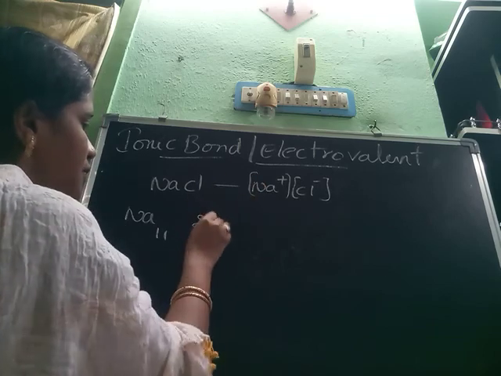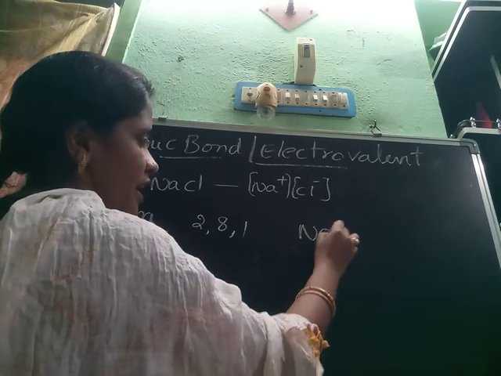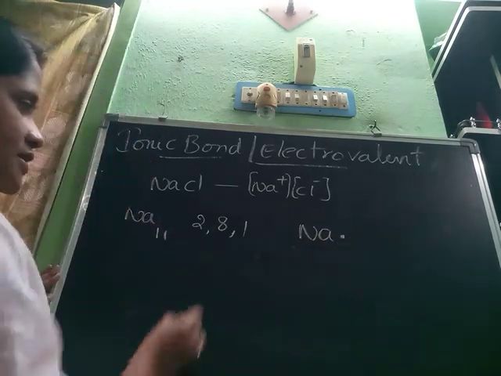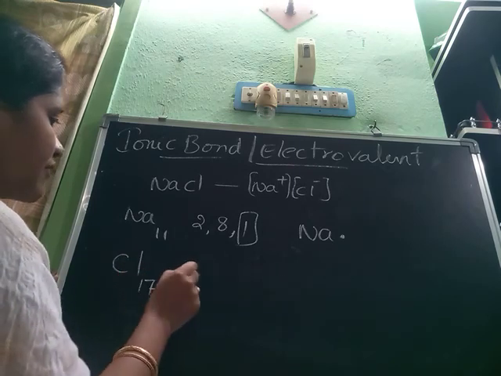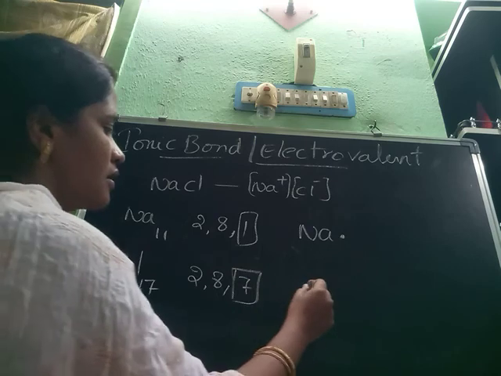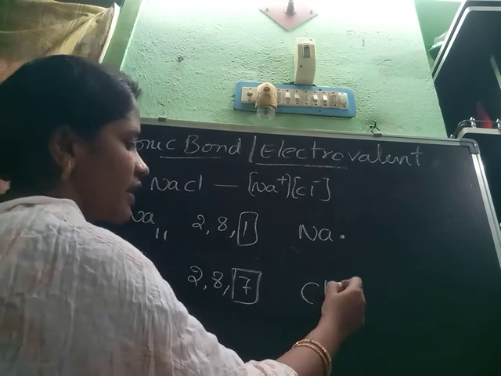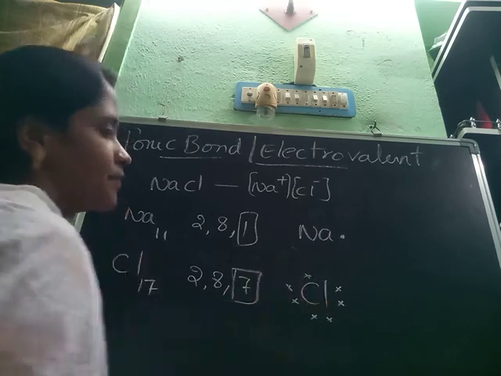The electronic configuration is 2, 8, 1, so Na contains 1 valence electron in the Lewis dot representation. Next, chlorine has atomic number 17, configuration 2, 8, 7, so it has 7 valence electrons.